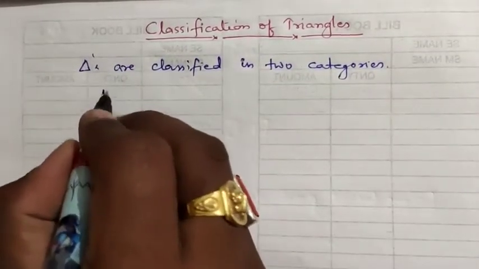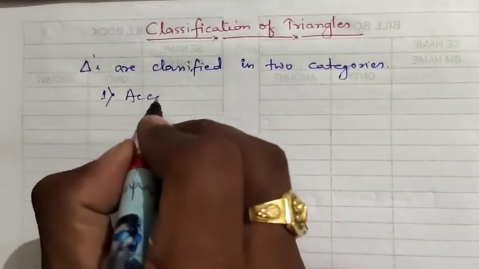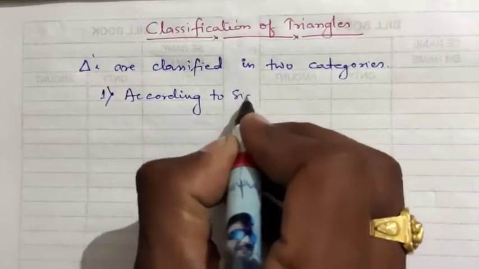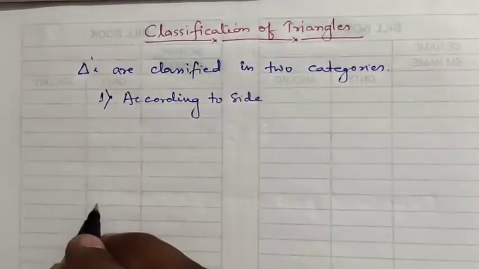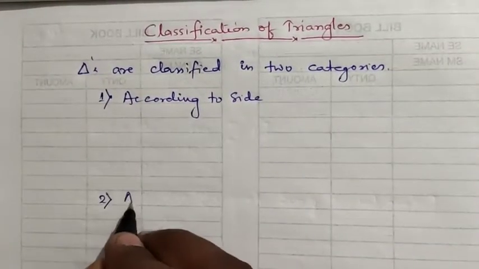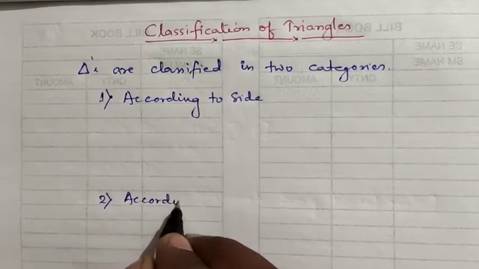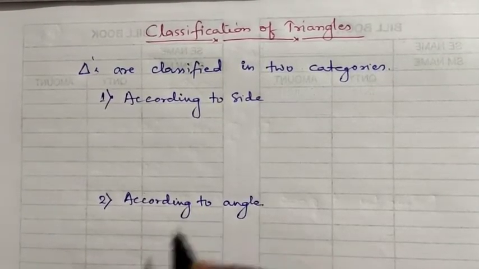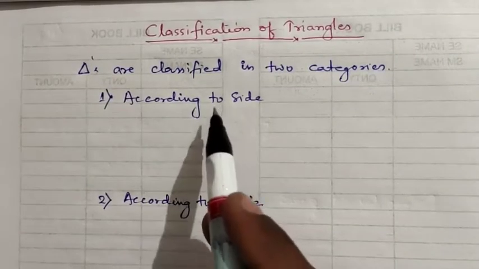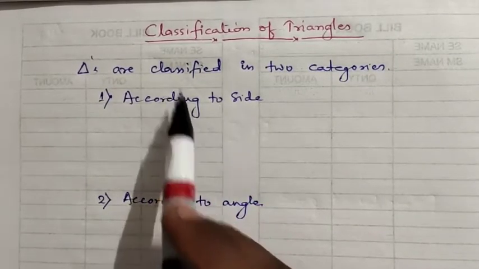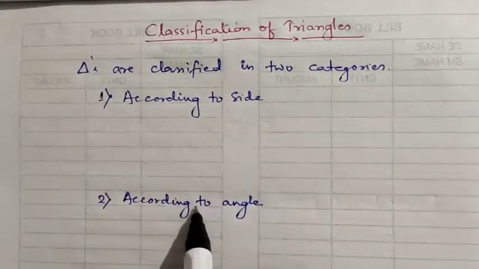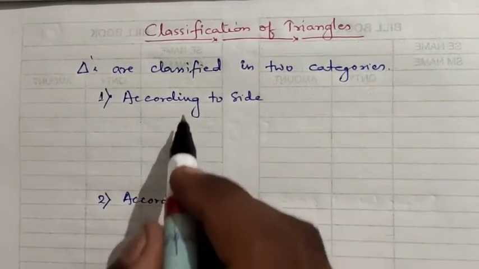The very first category is according to side, and the second category is according to angle. There are two categories in which a triangle is classified. The first is according to side and the second is according to angle.